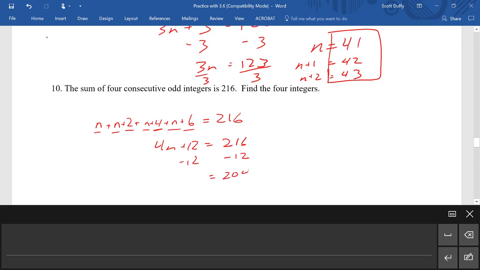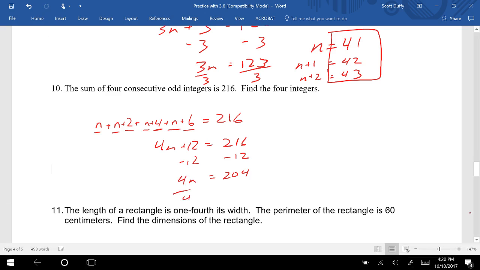We get 204. 4n equals 204. Divide by 4. I get n is equal to 51. Then n plus 2 is equal to 53, and it would be 55, then 57. Consecutive odd integers.